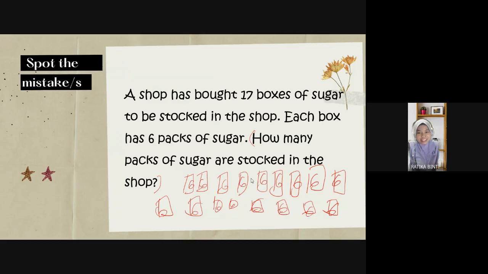In English, that is repeating. 6, 6, 6, 6. And you need to find the total number in all 17 boxes. So, if you want to find the total, you are going to use addition. That has become repeated addition. Instead of adding 17 times, the easiest way to solve this is by using multiplication.